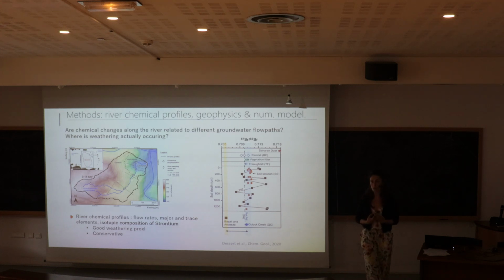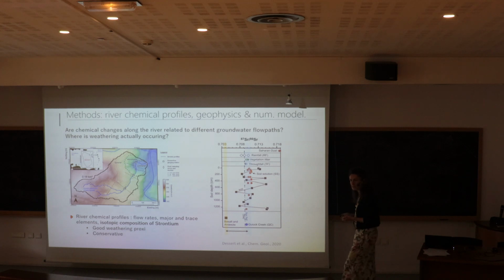The reason why we went to measure strontium isotopic composition is explained here. There have been a lot of studies on catchments, and they show that the isotopic composition of rainfall, which is here, is conserved throughout the weathered layer because it's already highly weathered, while you can see that the isotopic composition of the rocks, which here are basalts, is different. For those that are not familiar with this data, this difference is highly significant.